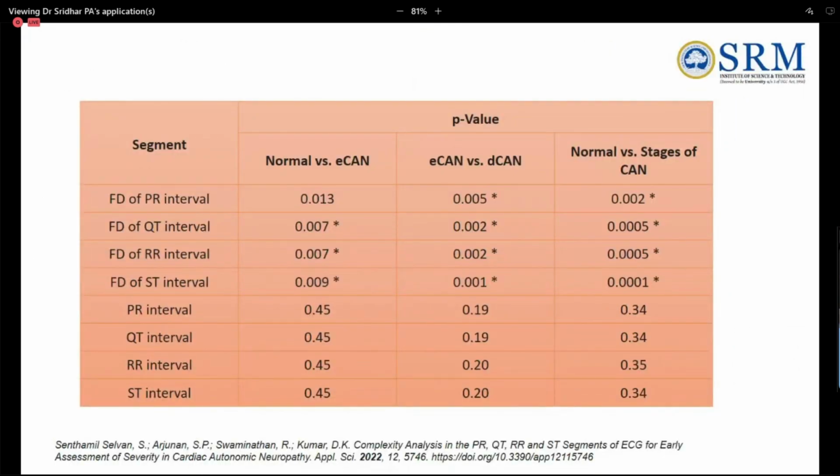Since the data was not normally distributed, we did a non-parametric statistical test.